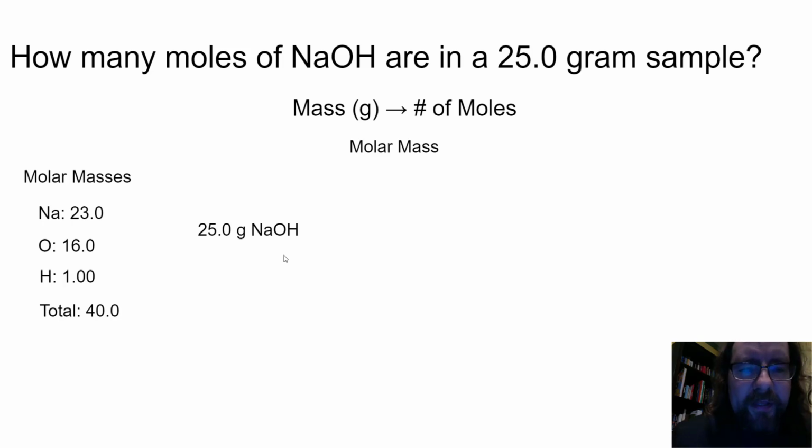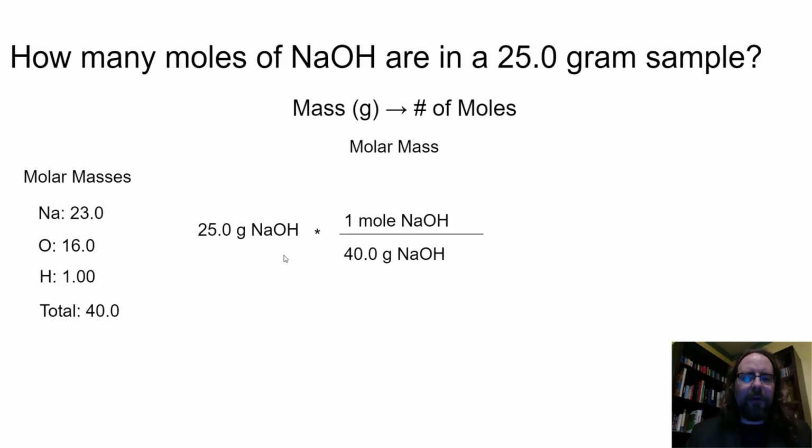And we're going to use that knowing that we're starting with 25.0 grams of sodium hydroxide. And my ratio is now 1 mole of sodium hydroxide per 40 grams of sodium hydroxide. Again, the grams start in the numerator here, so they have to be in the denominator in my conversion, so I'll only be left with moles. And that means I'm going to end up dividing these quantities.